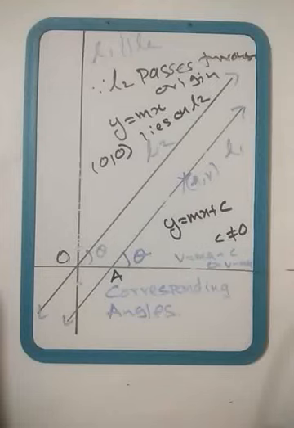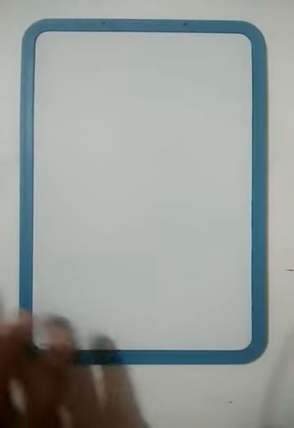Now let's find m and c, given 2 points on the straight line. So let's draw a straight line in R2.